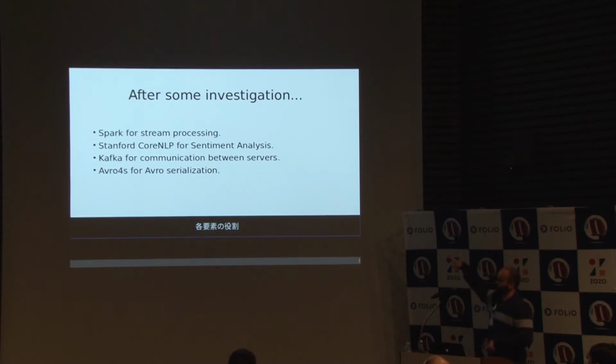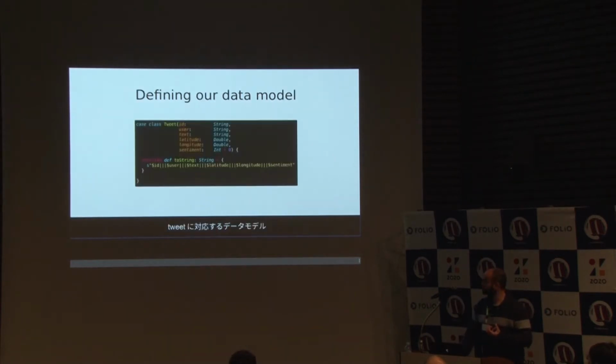So basically, this is what we need to do. Use Spark for stream processing, Stanford Core NLP for sentiment analysis, and then sink that into Kafka, serialized using Avro. And because we're using Scala, we're using Avro4s in order to do that. First of all, we will define our data model, which will look like this.